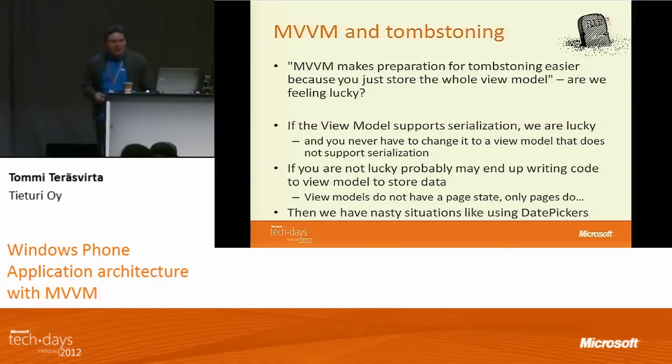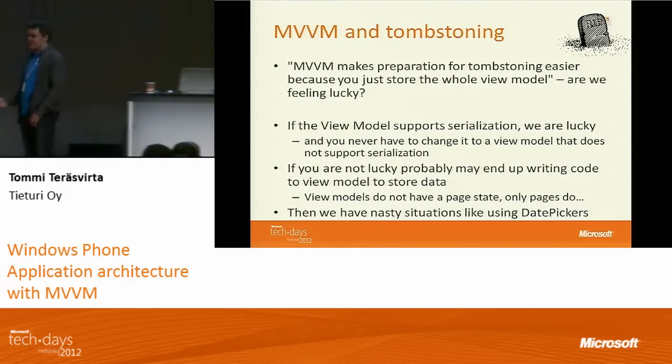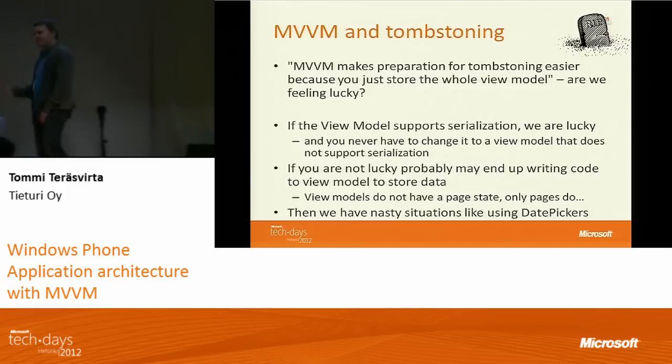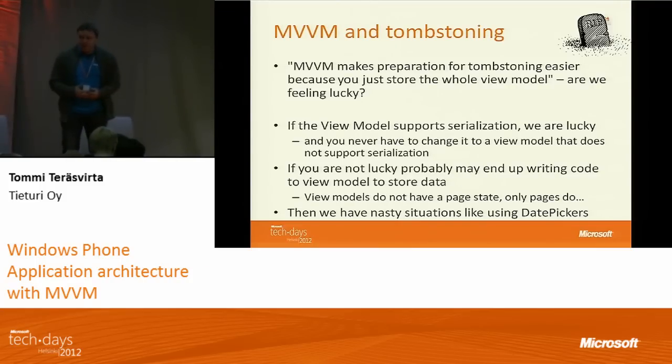Okay, so yeah, if our view model supports serialization, we're lucky. And that's what takes place in demonstrations. Of course, in the demonstrations, when you're talking about MVVM for the first time, you want to sell the idea to the people. Which probably I should be doing to you guys as well. But it really is good, it's just not all perfect.